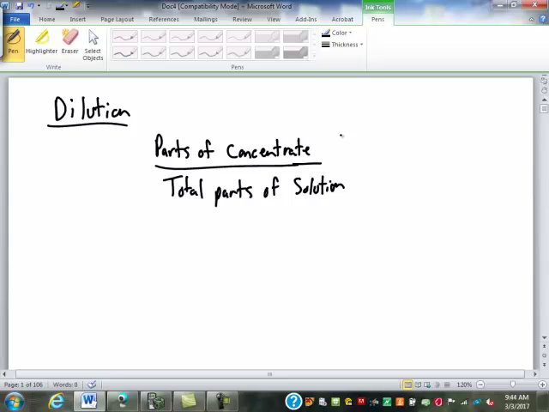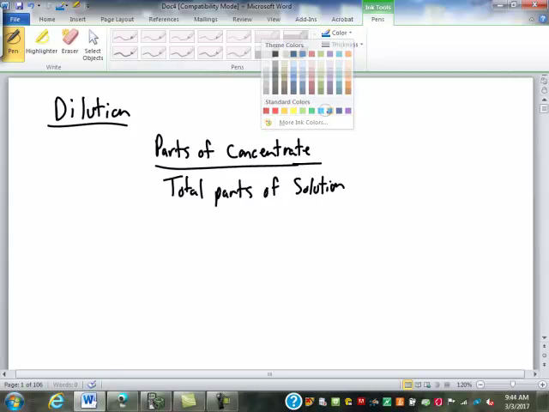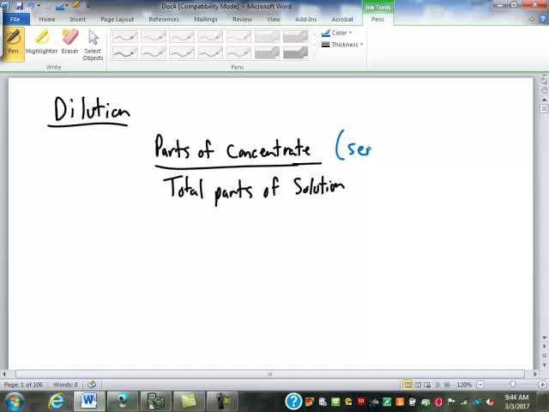It is you taking either a pure medication or a concentrated substance and you are diluting it down. The concentrate could be a medication, or it could be blood, a blood sample, a urine sample, or anything like that that gets diluted down for whatever purposes. A lot of times we're going to be referring to that concentrate as serum if it's a medication.